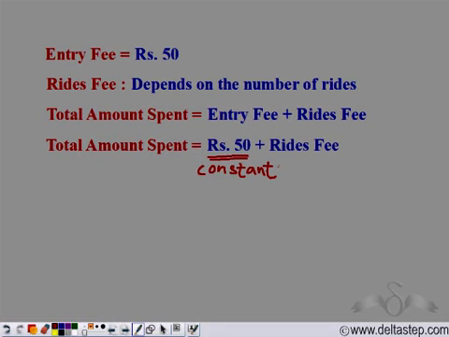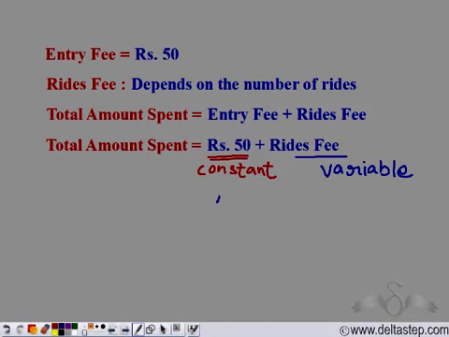Whereas this rides fee varies because it depends on the number of rides you take. So if you take more rides, it will be higher. If you take a lesser number of rides, it will be lower. So it is a variable. Instead of writing rides fee again and again, we can represent it by a symbol.